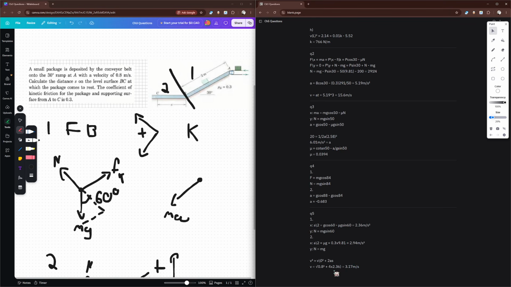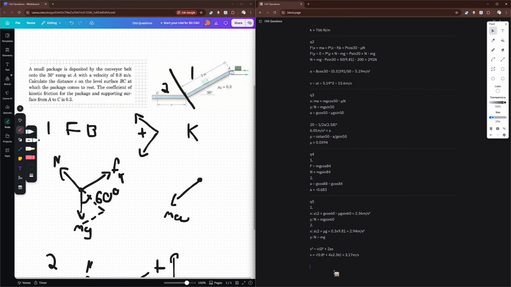3.17 meters per second. And then we use the exact same equation. I'm going to call this Vf because it is actually the final velocity. Vf squared is equal to V squared plus 2a(s minus s naught). S naught here, we can consider to be 0, because it just wants to know how far from B it travels.